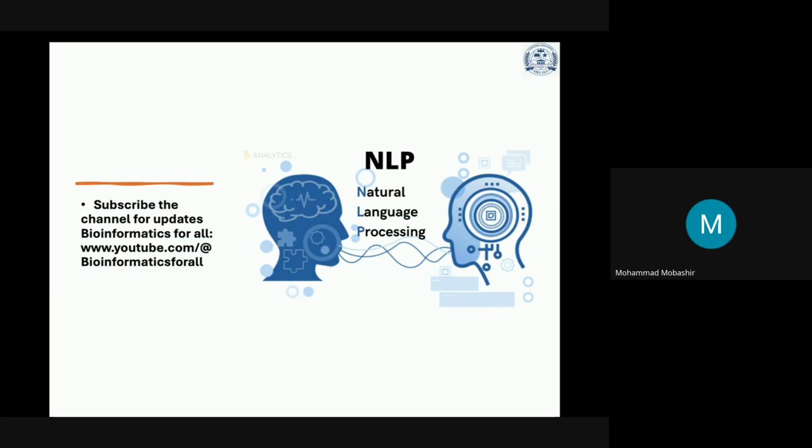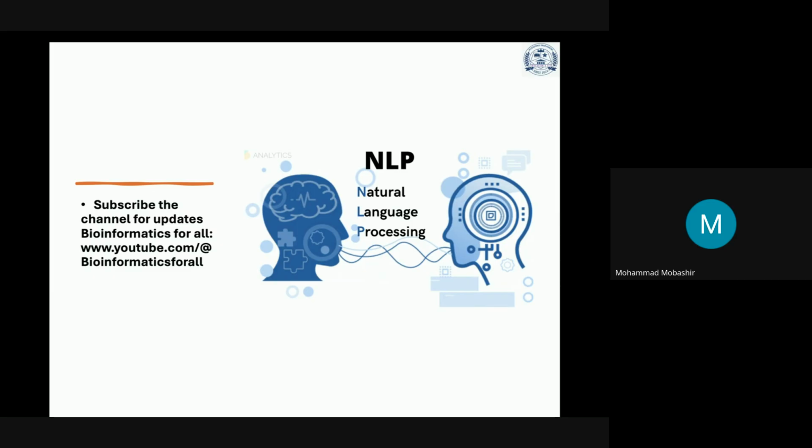So, as is clear from the name, natural language processing deals with languages and also with what we speak. So today it is NLP.